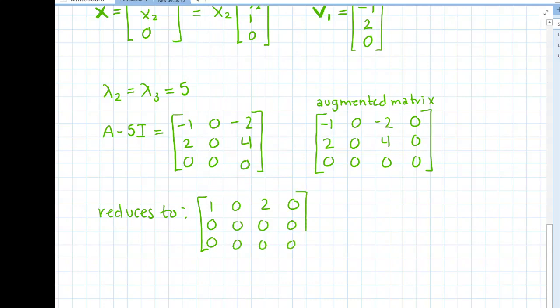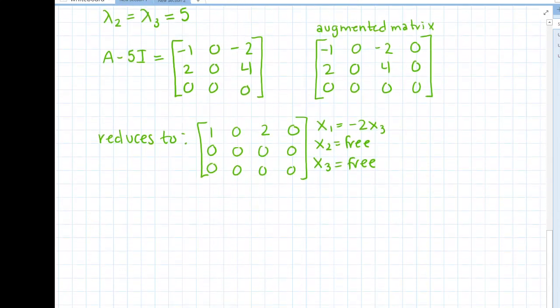And so in this case, now we have two free variables, right? Because there is no pivot in columns 2 or 3. And so that tells us that x2 is a free variable and x3 is also a free variable. And then x1 is going to equal -2 x3.